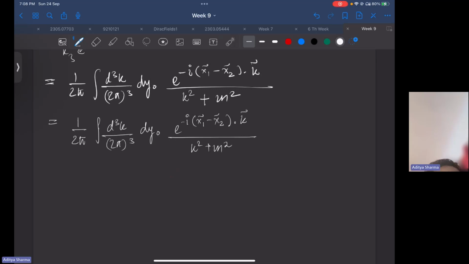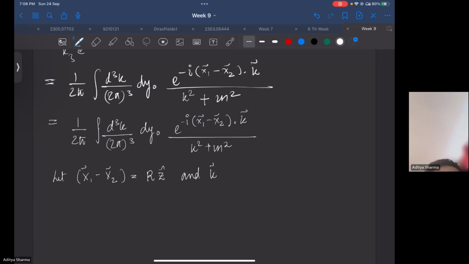Now we will do axisymmetric integrals. Right? And we'll change coordinates in the momentum space. So x1 minus x2 is a fixed vector. Let me align it in z cap with the modulus r. Okay.